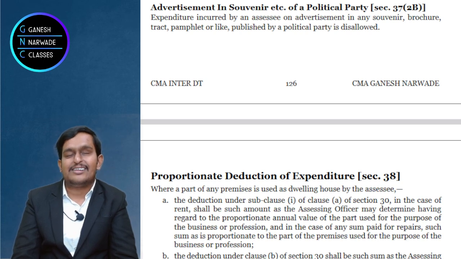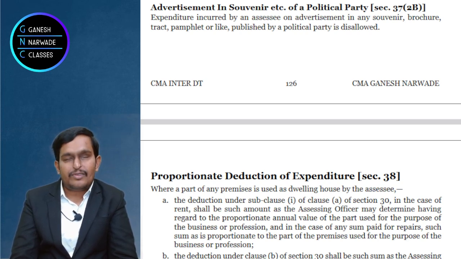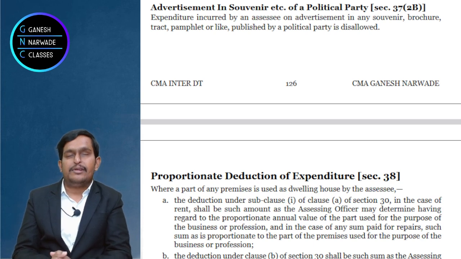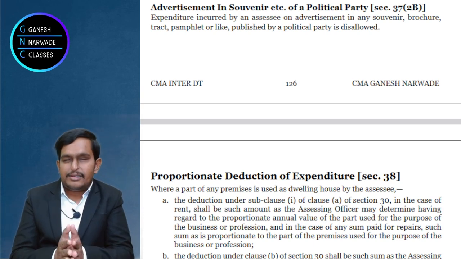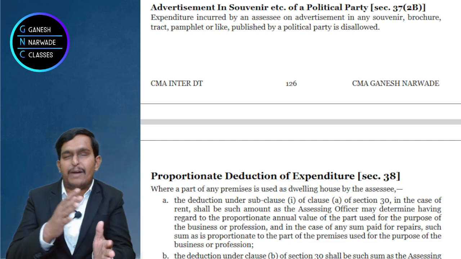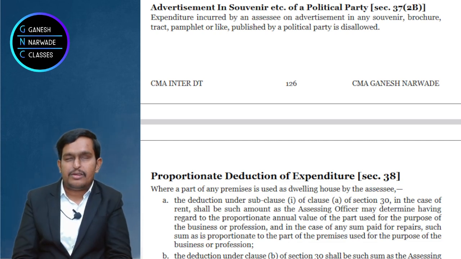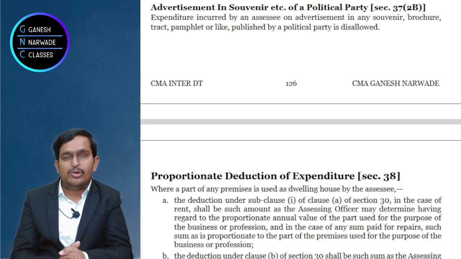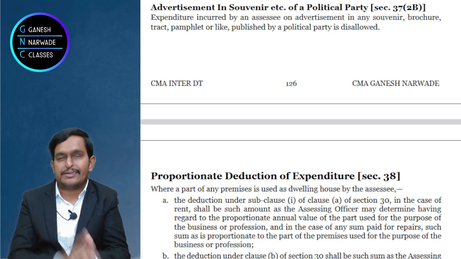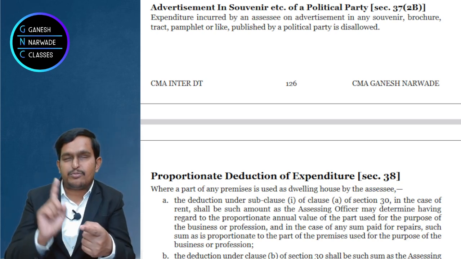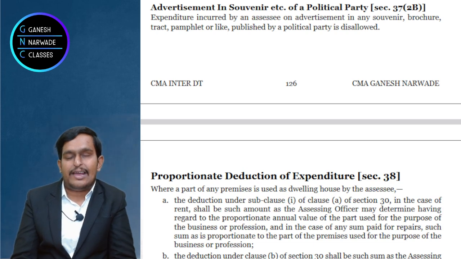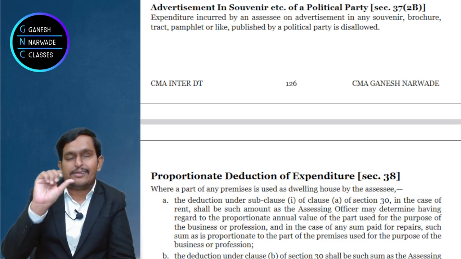Okay, last thing. Suppose certain expenditure is incurred, but it is partially for business, partially for personal purpose. Like I have a car, I am using it partly for business, partly for personal. So car petrol expenses, car depreciation, can I claim totally in the business itself?